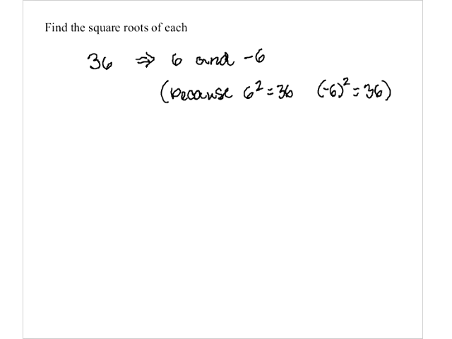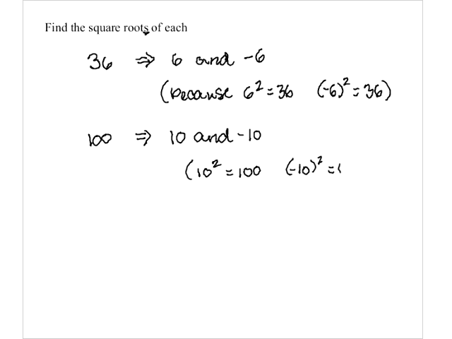Okay? So another example, if I ask you to find the square roots of, say, 100. Notice roots is plural. That means there's two of them. So that would be 10 and negative 10. And that's because 10 squared equals 100, and negative 10 squared equals 100.